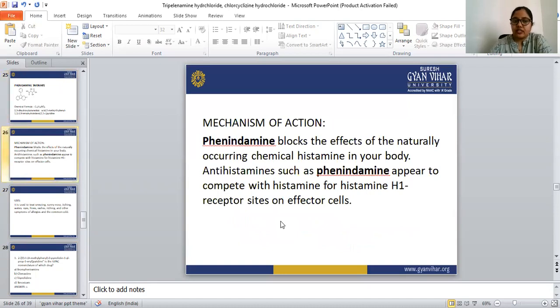And the mechanism of action of phenindamine tartrate. Phenindamine blocks the effect of the naturally occurring chemical histamine in our body.